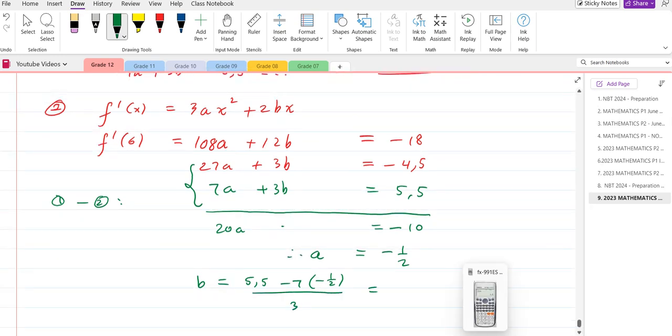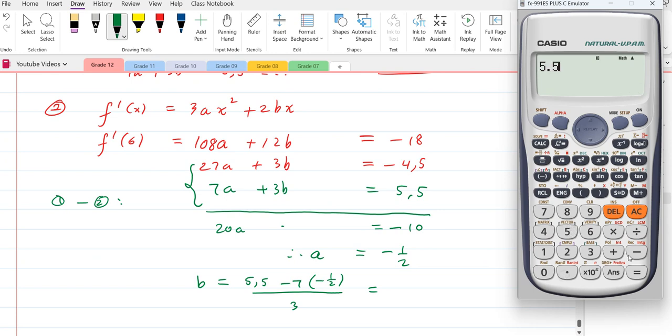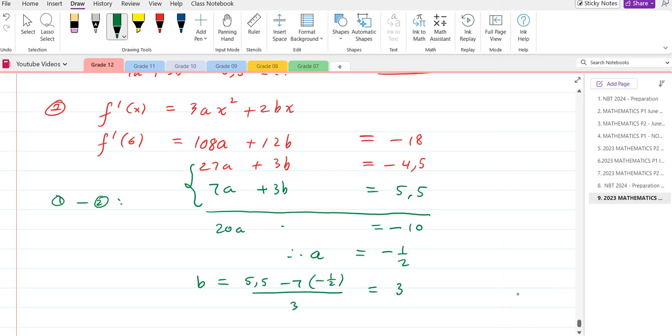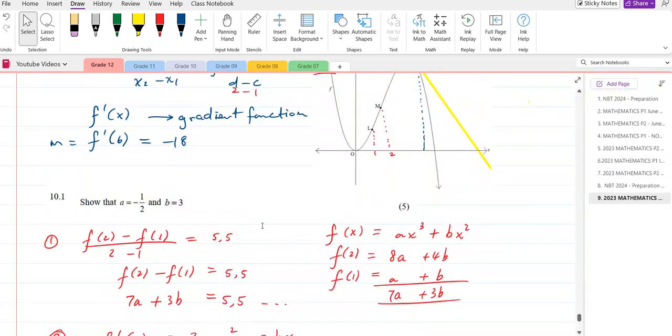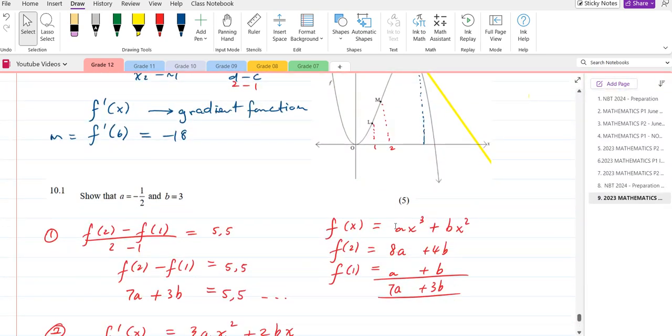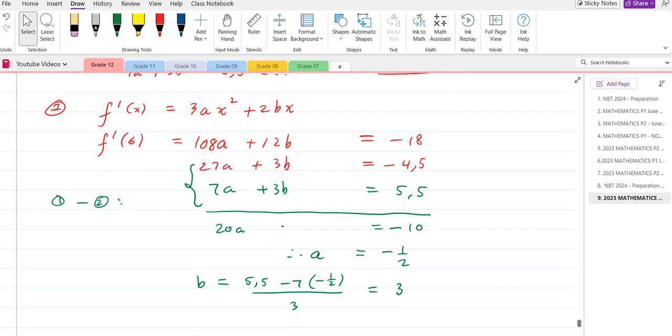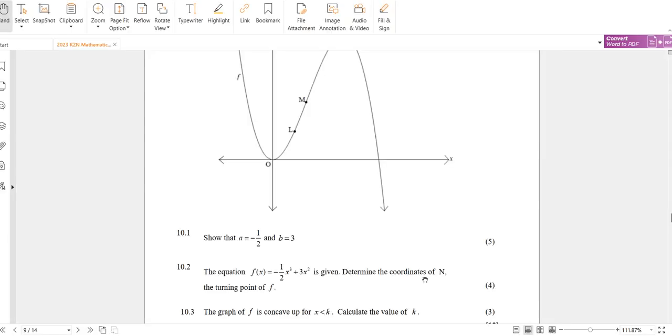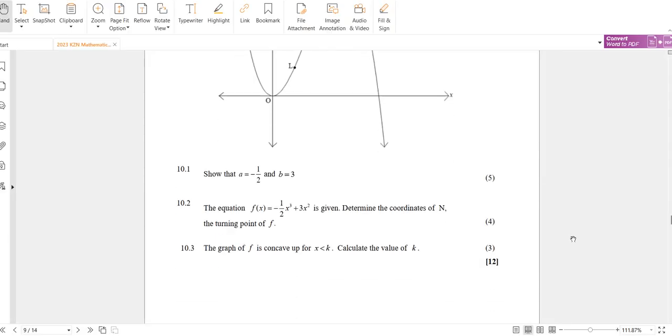So the value for b is 5.5 minus 7 times negative 0.5, which is 9, then divided by 3. And I'm getting the value for b, which is 3. So therefore a equals negative half and b equals 3. Yes, we proved it. Now we can use a and b to solve for the rest.